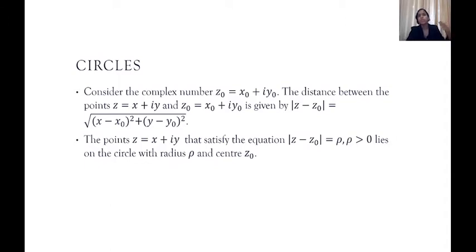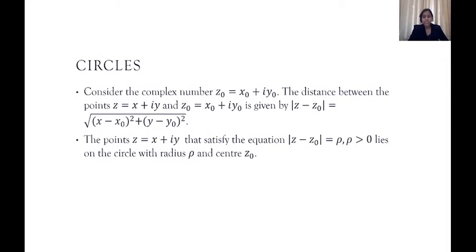We are all familiar with the distance between two points, that is root of (x minus x dot) square plus (y minus y dot) square. So this is the modulus, or the distance, between the point z dot and any other point z equal to x plus iy.